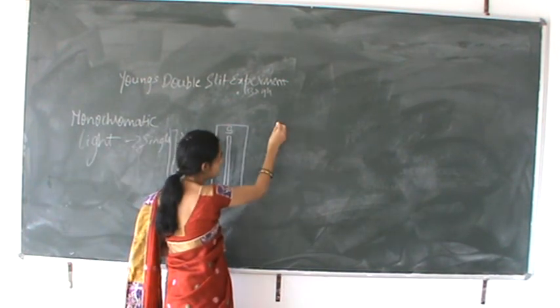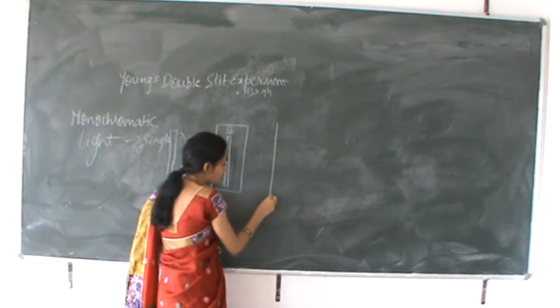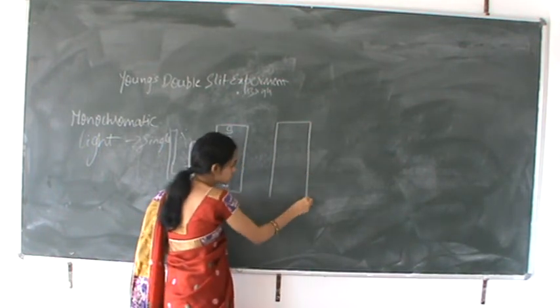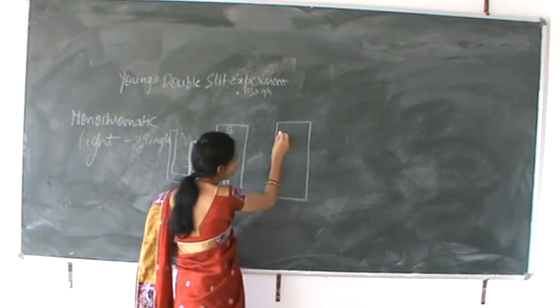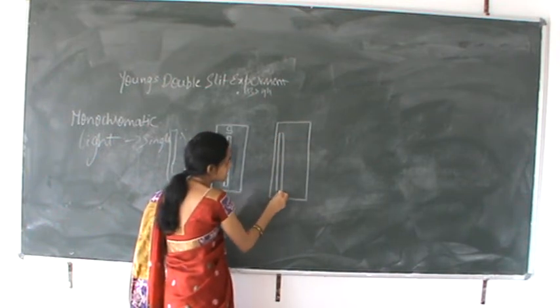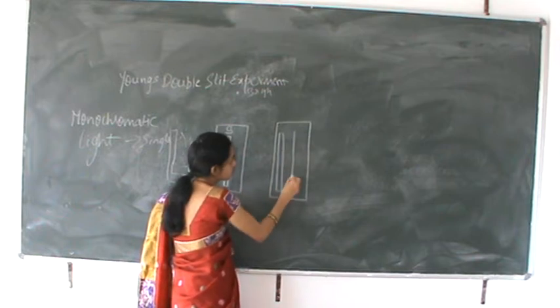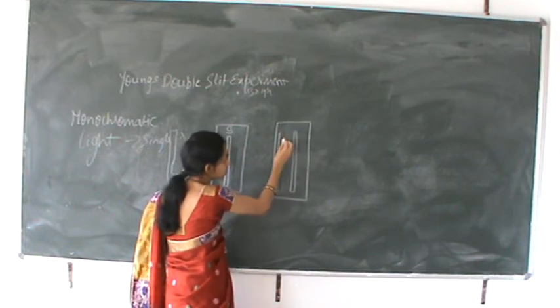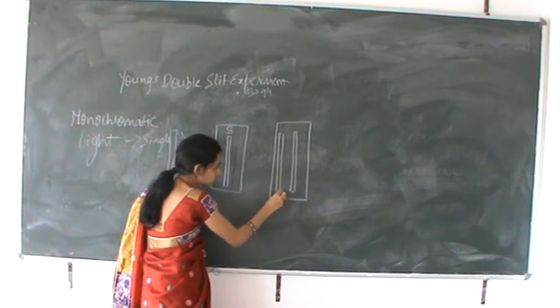After a certain distance, one more cardboard has been placed, which consists of two narrow slits, which act as the coherent sources. The slits will be thin.